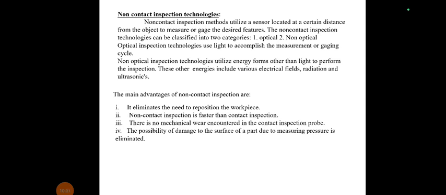First one is the optical, second one is the non-optical. Optical is divided into three types again: the first one machine vision, second one scanning laser beam devices, third one photogrammetry.